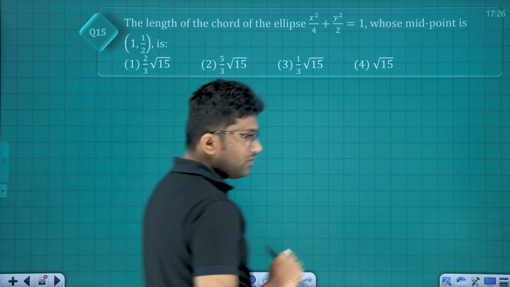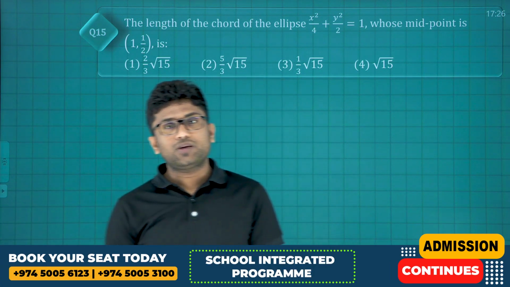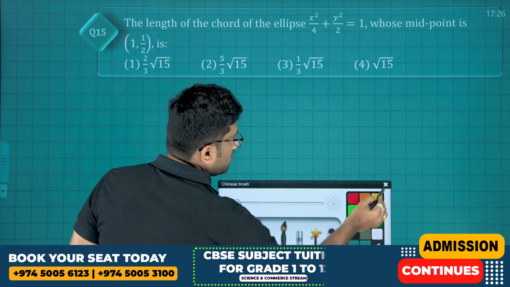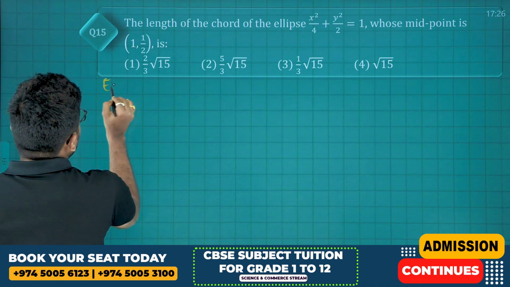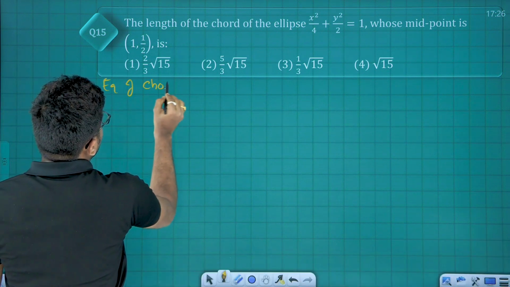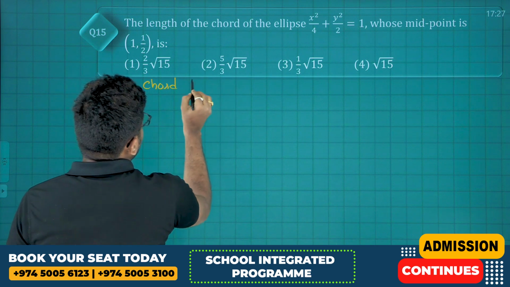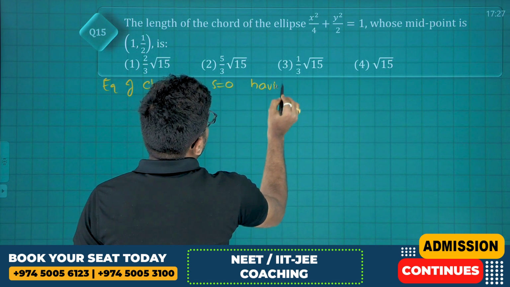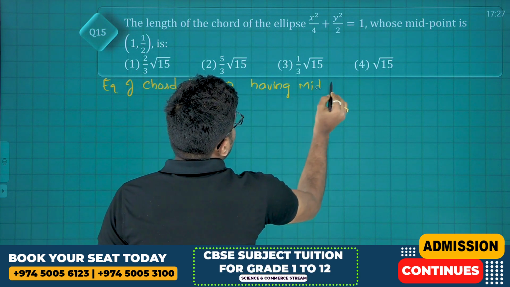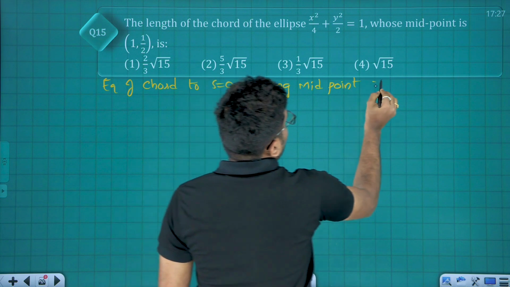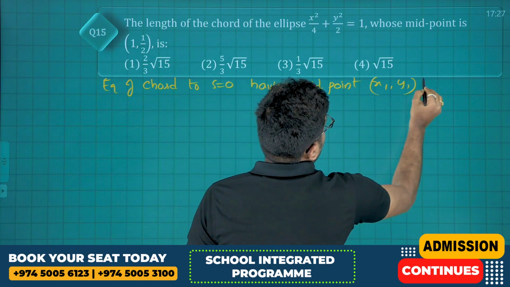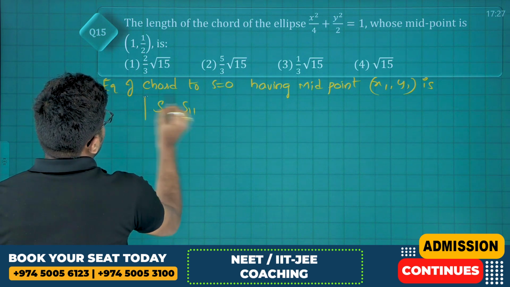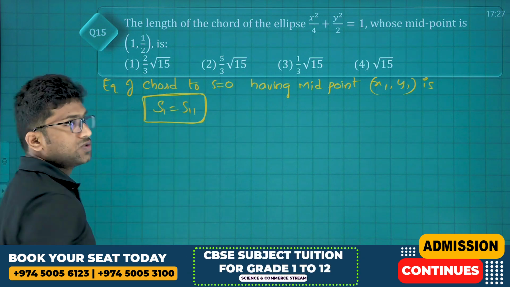The equation of a chord with a known midpoint, whether it is a circle, parabola, hyperbola or ellipse, whatever it is: for S equals 0 with midpoint (x1, y1), it is S1 equals S11.